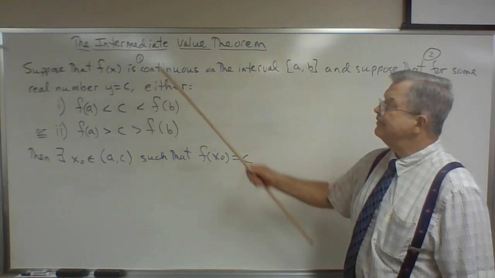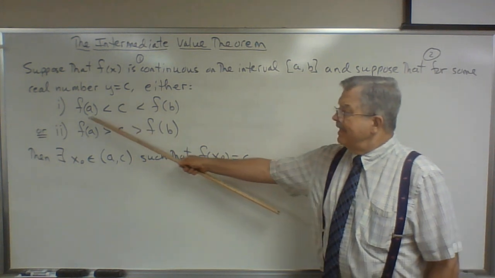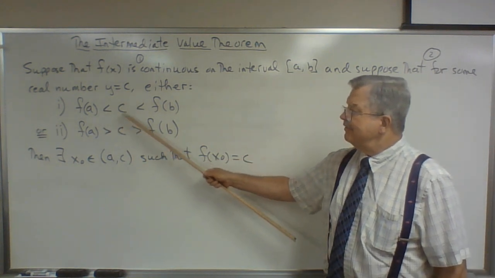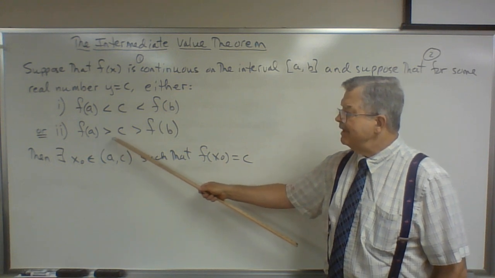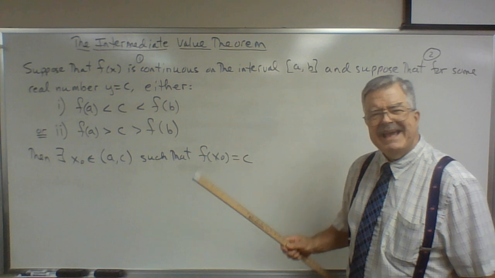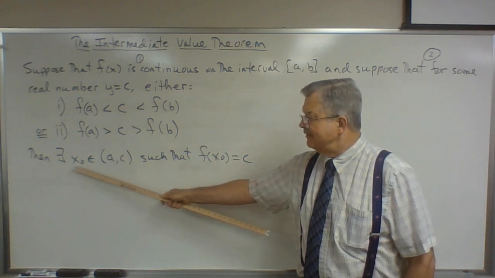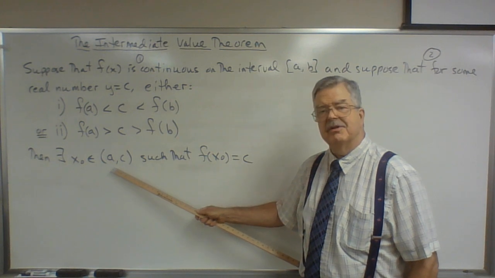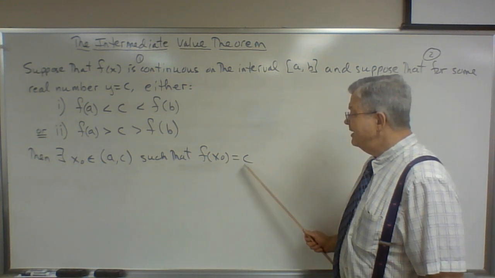So if f of x is continuous, and either f of a is less than c, which is less than f of b, or f of a is greater than c, which is greater than f of b, then we're guaranteed that there's an x value, x naught, in this interval between a and b, such that f of x naught equals c.